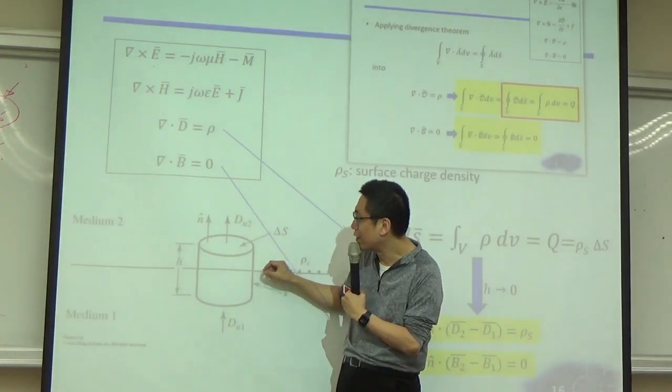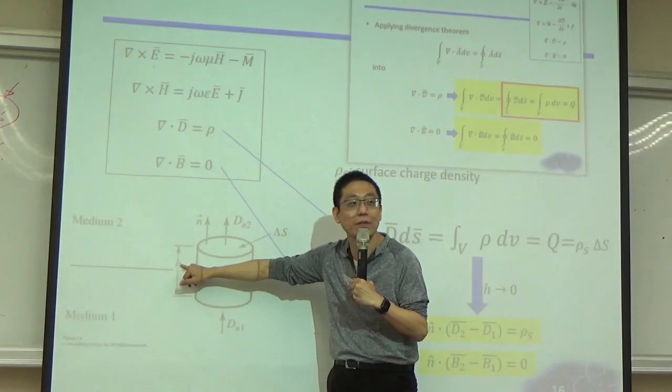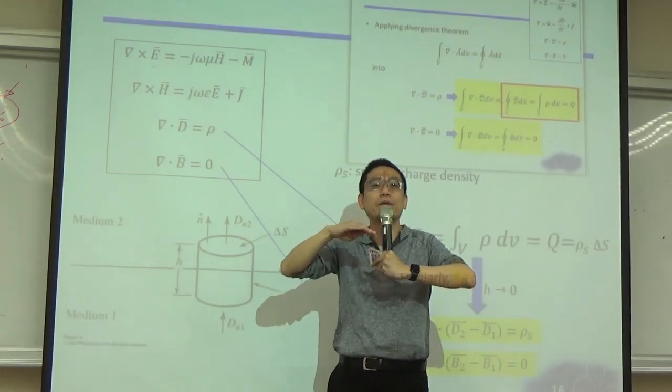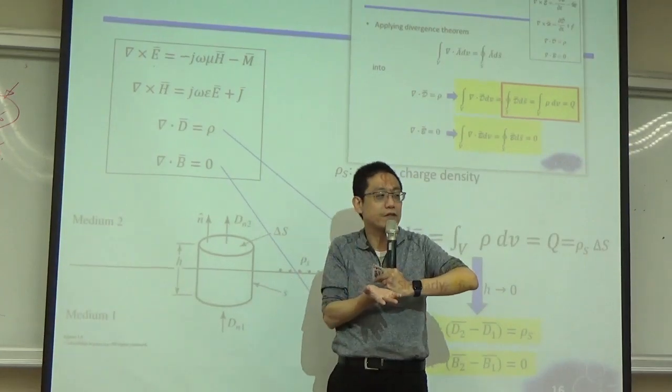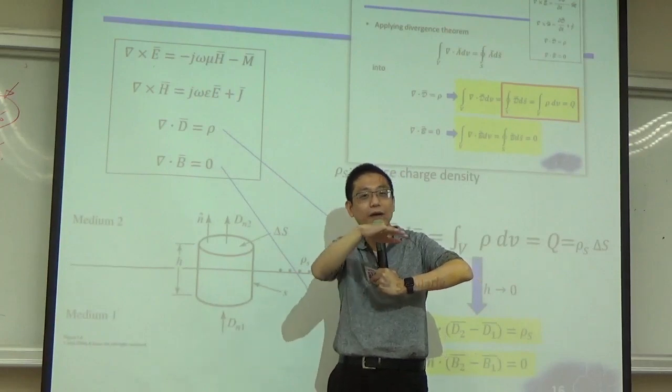But because h goes very small to 0, your enclosed surface integration becomes only two surfaces, 2 delta S.